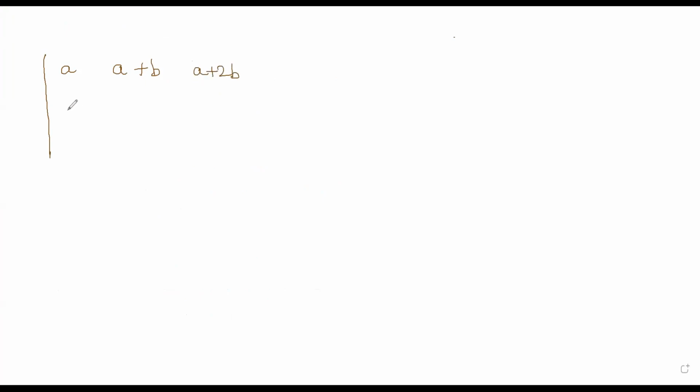A plus 2B, A plus B, A plus 2B. A plus B, A plus B, A plus 2B, A plus B. A plus 2B, and A. So that you had to show 9B square times A plus B, right?